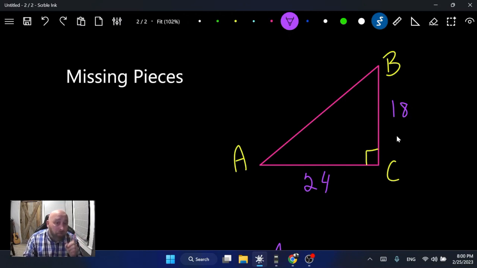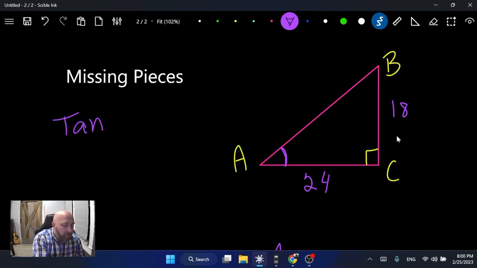Well, a ratio means we have a fraction, right? So we can find A by figuring out what our fraction is between these. If I use A for my reference angle, I have the opposite and the adjacent. Which one, sine, cosine, or tangent, uses opposite and adjacent? You remember?